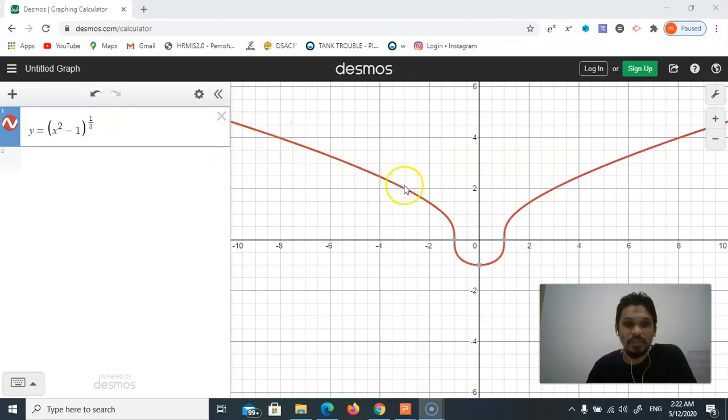The graph is something like this, and this is the coordinate of 0, negative 1. This is the coordinate of negative 1, 0, and 1, 0. So this is a gradient where it is positive, then negative. This is where the gradient equals 0 and all that.